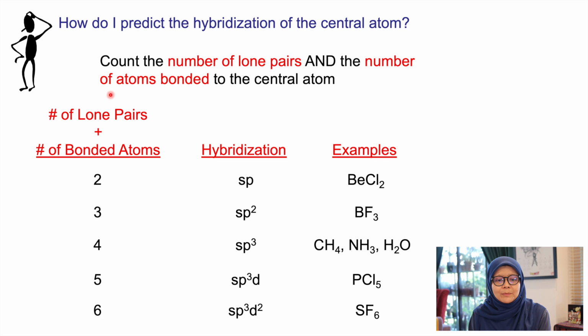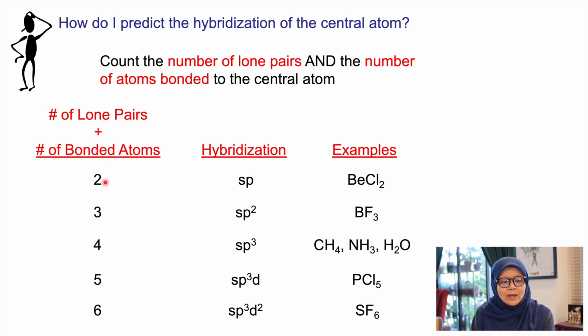And how do I predict the hybridization of the central atom? In order for us to predict the hybridization of a certain compound or central atom, we need to count the number of lone pairs and the number of atoms bonded to the central atom. So it's actually the number of lone pairs plus the number of bonded atoms.